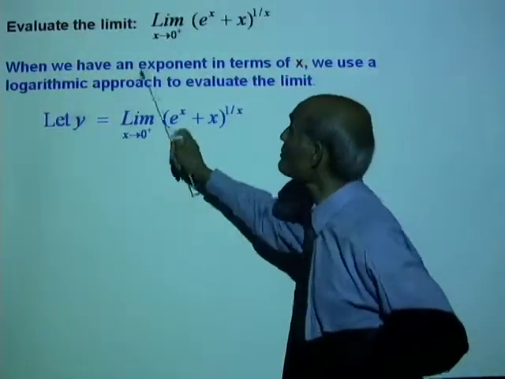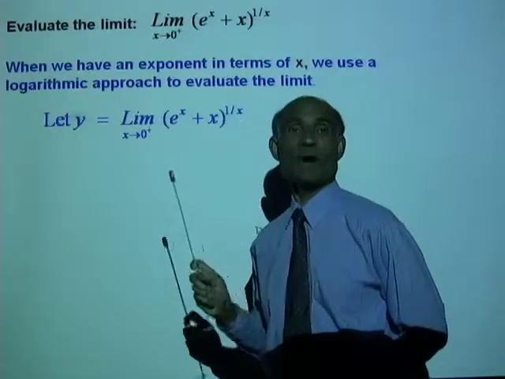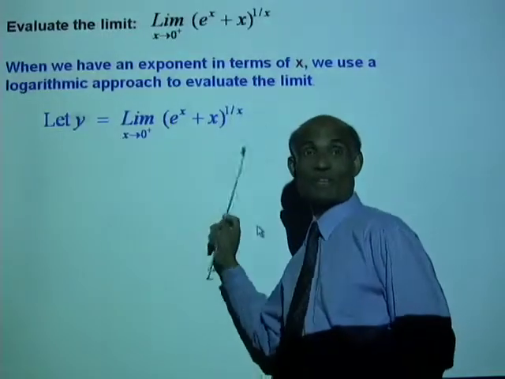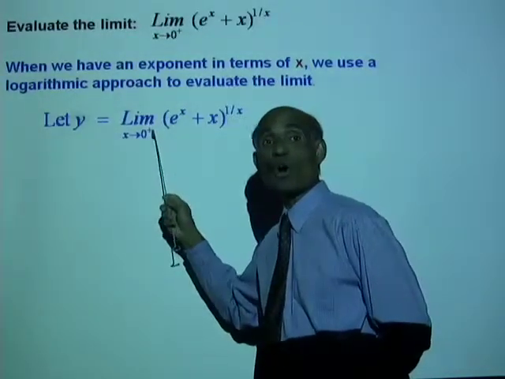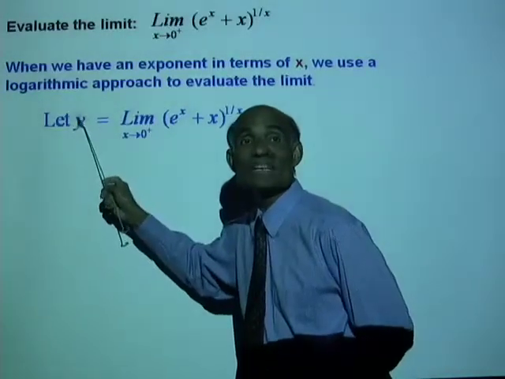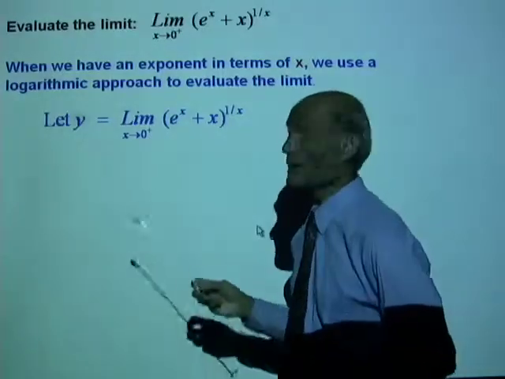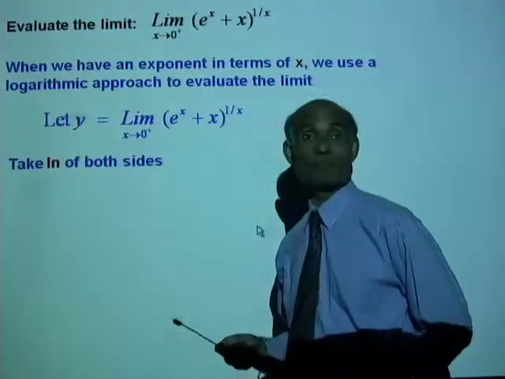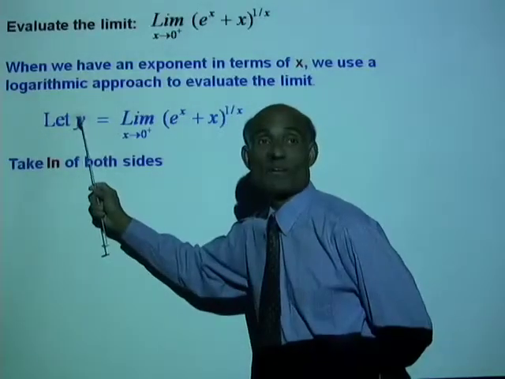Our aim is to ultimately find y, because what we want is the value of this limit. Well, what happens if you take ln of both sides? Let's do that. Take ln of both sides.